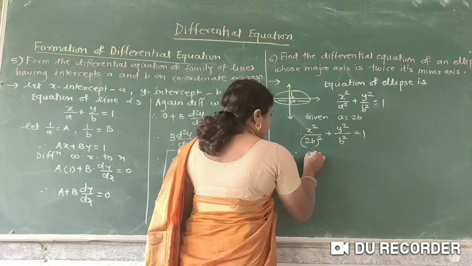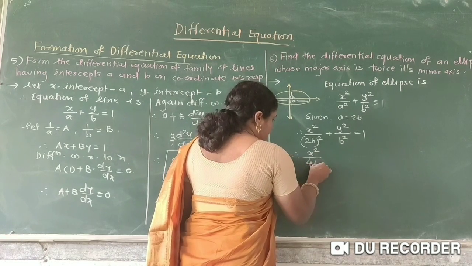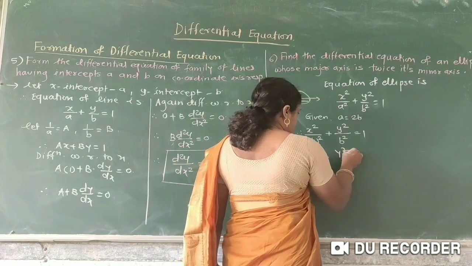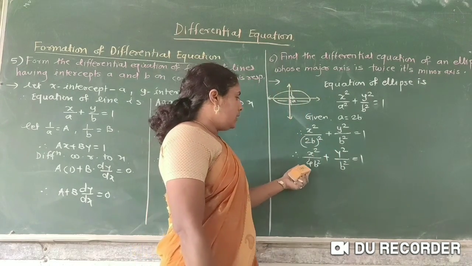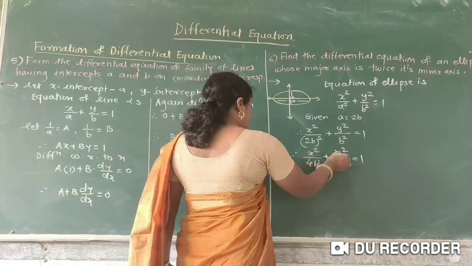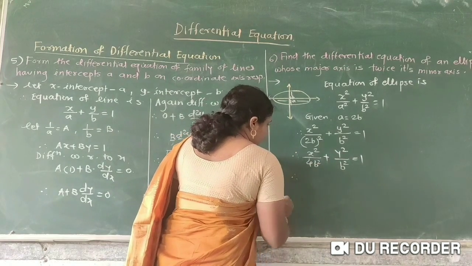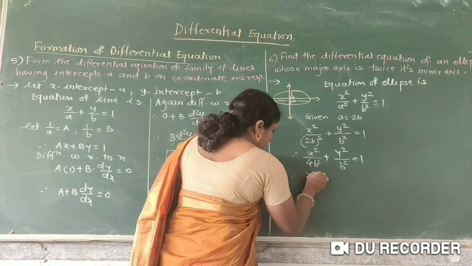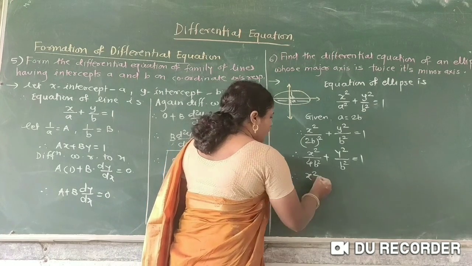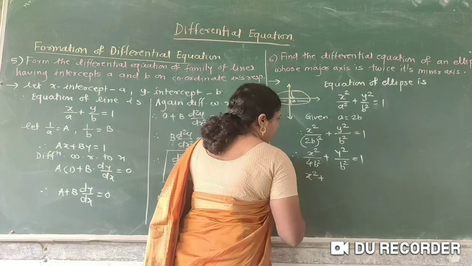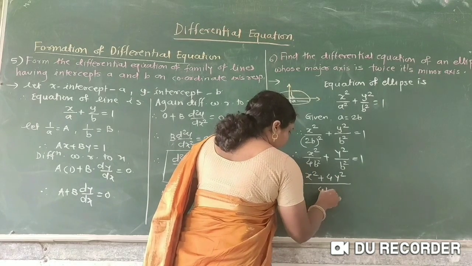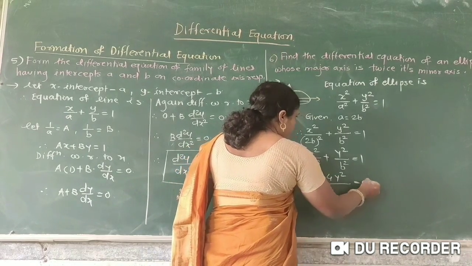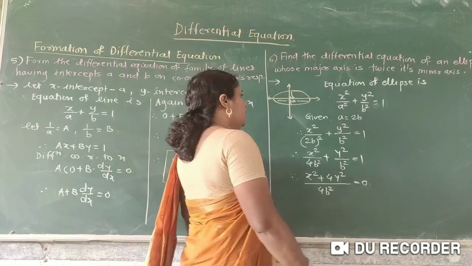Therefore, x square upon 4b square plus y square upon b square is equal to 1. Again, multiplying the second term by 4, we get x square plus 4y square upon 4b square is equal to 1.